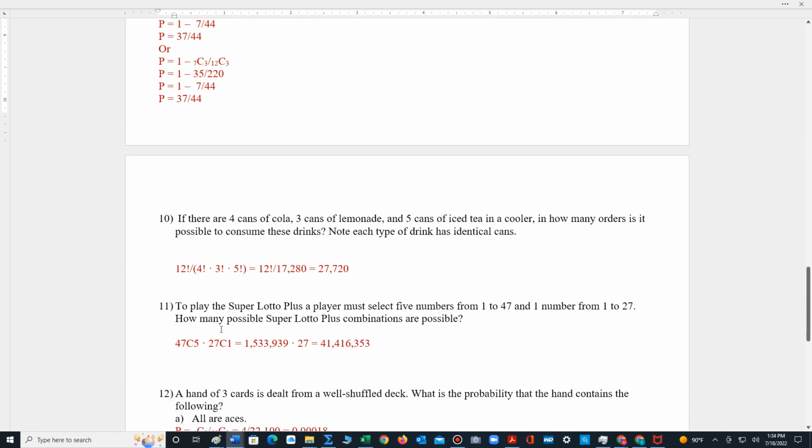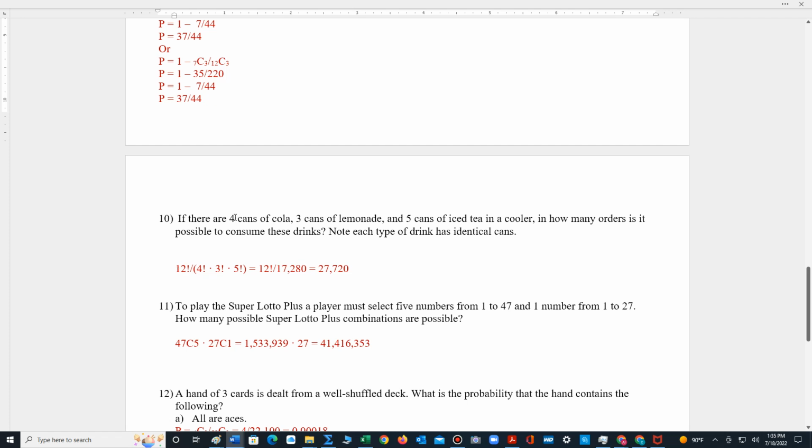Number 10, it says, if there are 4 cans of cola, 3 cans of lemonade, and 5 cans of iced tea in a cooler, how many orders is it possible to consume these drinks? So here we have identical cans, meaning that the cans all look the same. So we're using permutations with repeating items. So first we count the total number of items, 12. So the numerator is 12 factorial.